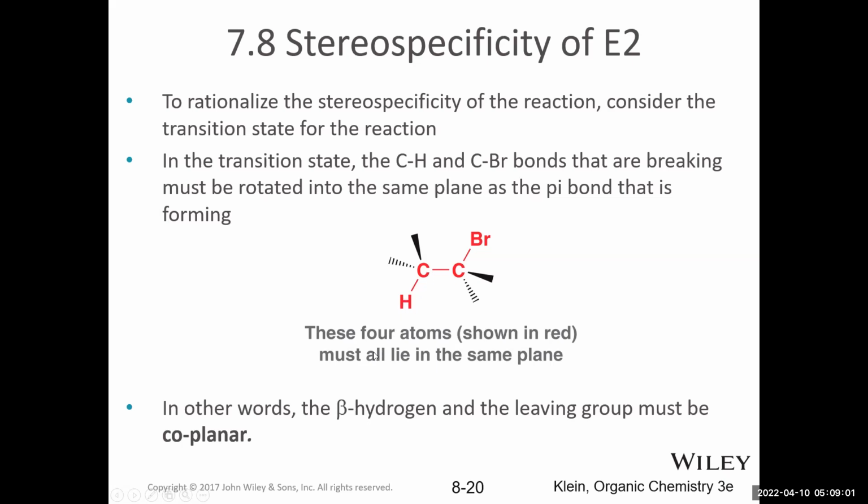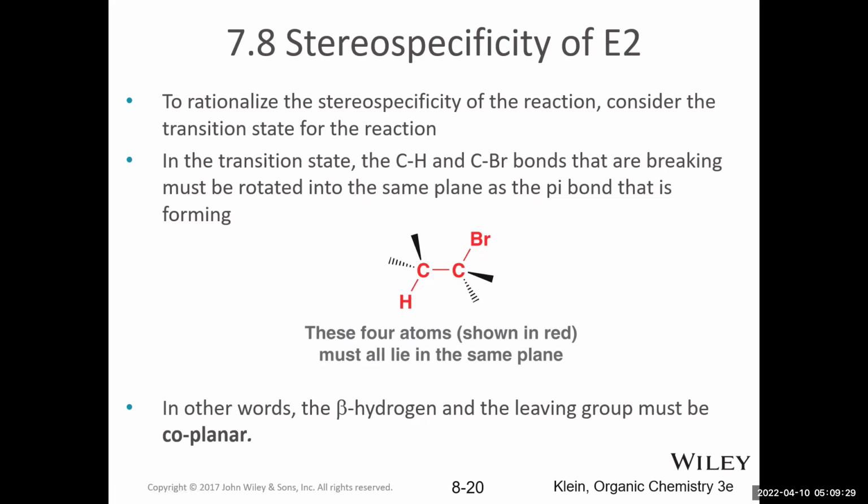So as the base comes to take this proton, this carbon-hydrogen bond is starting to break. We have the formation of a carbon-carbon double bond starting to form. And we're also starting to break the carbon bond to the leaving group, which in this case will be a bromide. And all of these atoms need to be in the same plane for the reaction to occur all in one step.